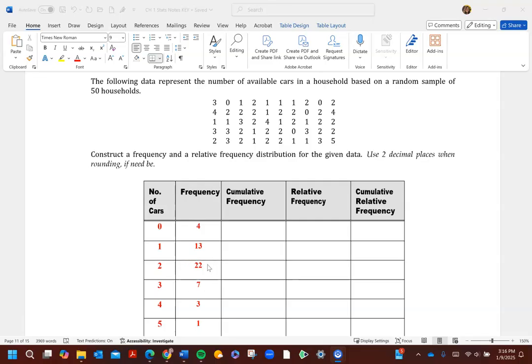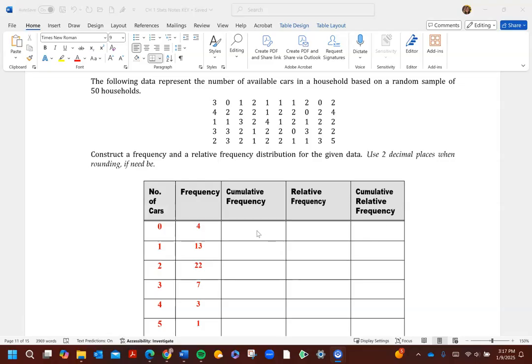But when we put that in a graph of some sort, that's even better for a quick visual. And sometimes we really want to just see the tables. So again, raw data is up here, and this is a table. We're doing a clumped up one with frequency, cumulative frequency, relative frequency, and cumulative relative frequency.